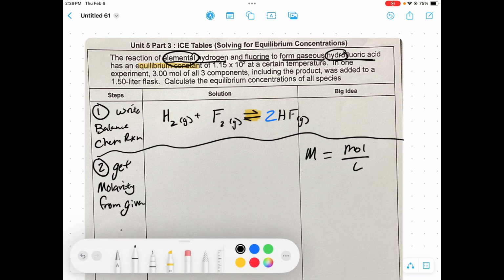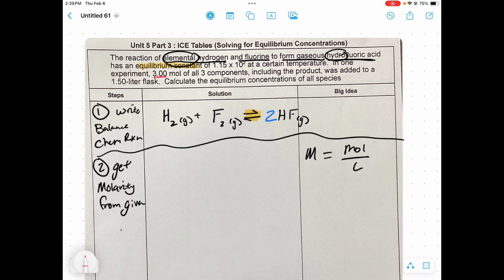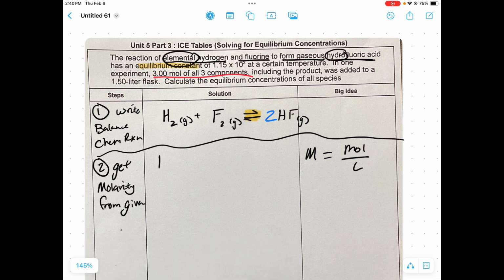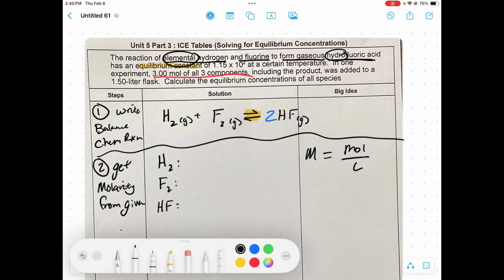In this question, it's telling me that I have 3 moles of all 3 components. So let's set that up really quick. I have H2, F2, and HF, and I'm starting off with 3 moles of each.